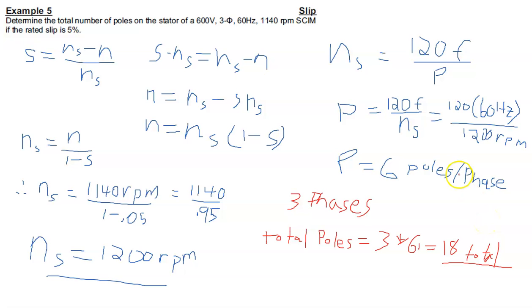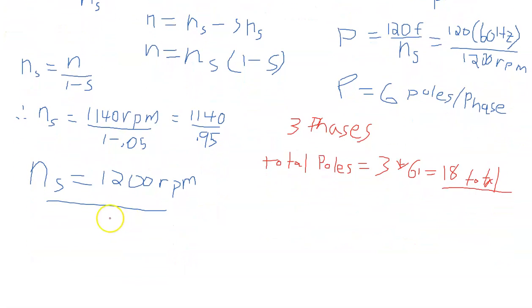However, what about if you didn't know that the slip was 5%? Because you can't really assume that it's 5%. It's supposed to be close, but what about if you didn't know that? Well, there are other ways to tackle some of these problems, and I guess it's about thinking about it.